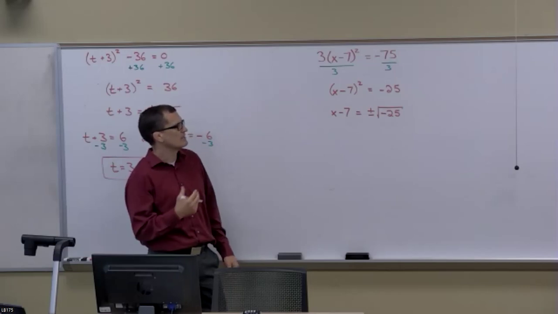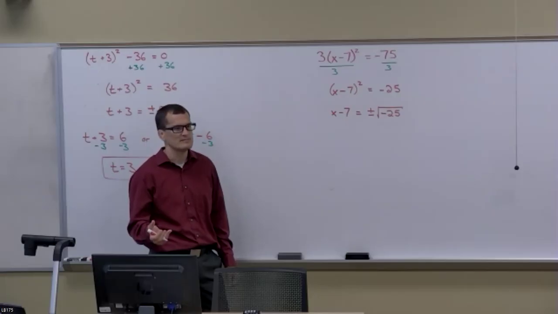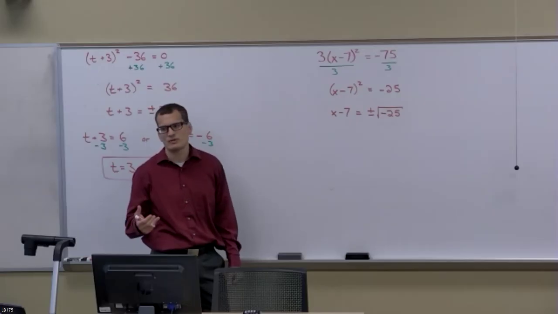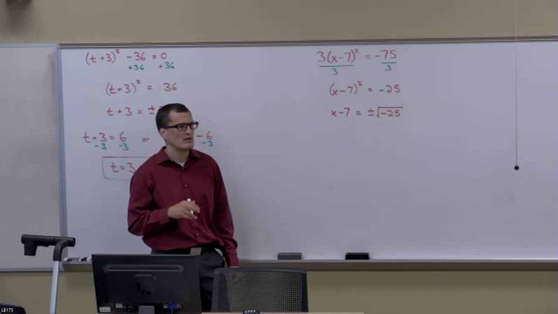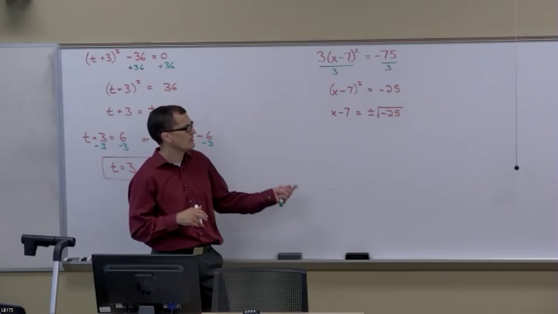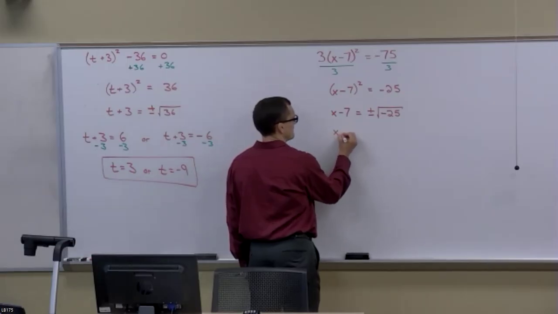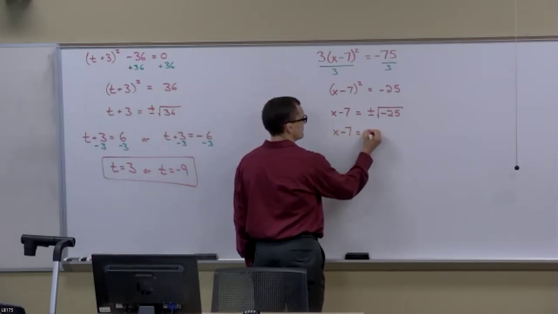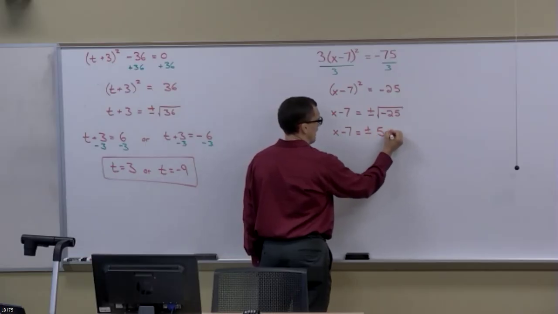Now we know how to take a square root of a negative number. That's what we did last time. So we're getting an imaginary i there. And then the square root of 25, if it were positive 25, would be 5, right? So we'll break that up into the square root of the negative, which is i, and then square root of 25, which is 5. And so this is the same thing as x minus 7 is equal to either the positive or the negative of 5i.